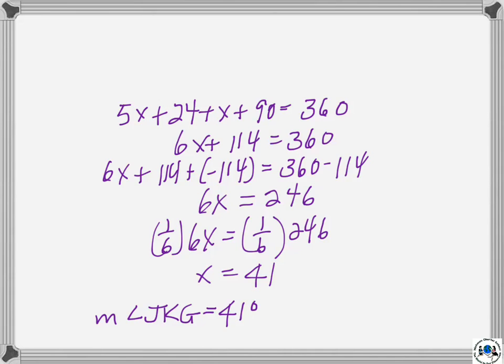So putting these all together, 5x plus 24 plus x plus 90 equals 360. Going through the motions, combining like terms, making 0, making 1x.